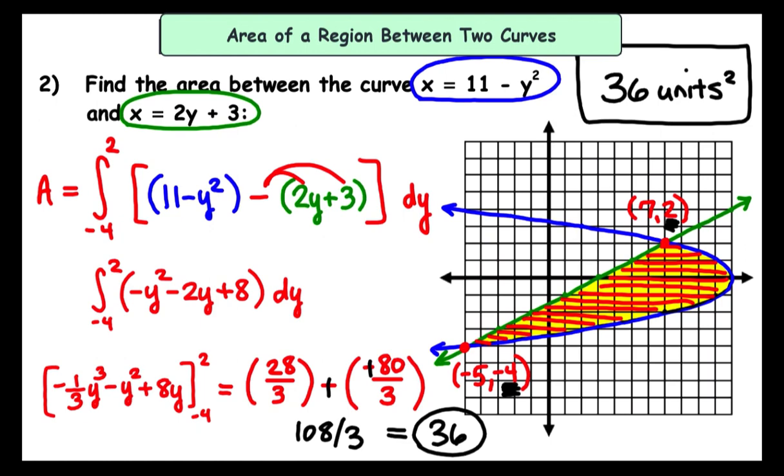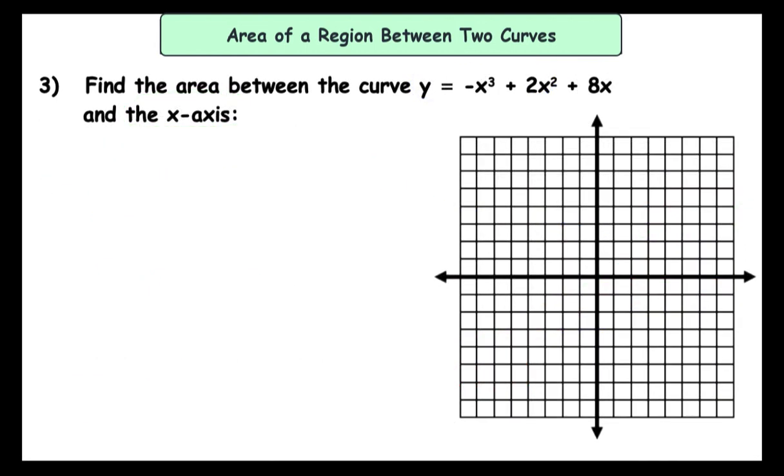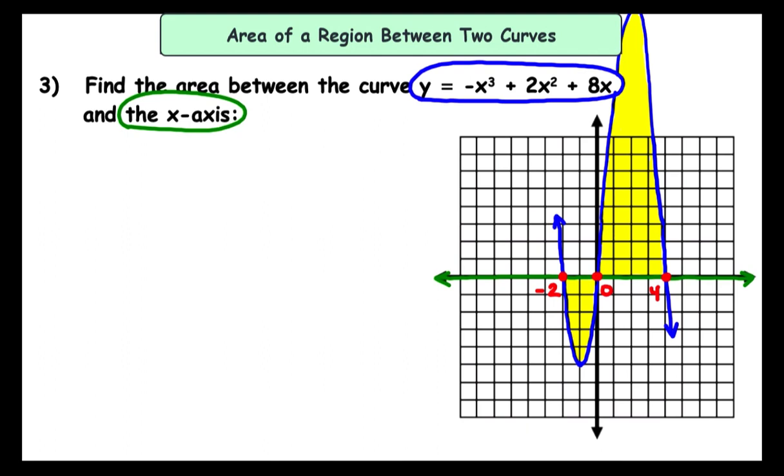All right, let's check out number 3. Number 3 says find the area between that curve, which is a cubic, and the x-axis. So again, a picture that's accurate is most important. You can see that there are 2 separate yellow regions, and we saw this a little bit in chapter 4, how one region's below the x-axis, and when you integrate that, it's going to turn negative.